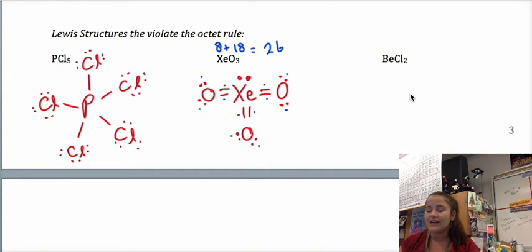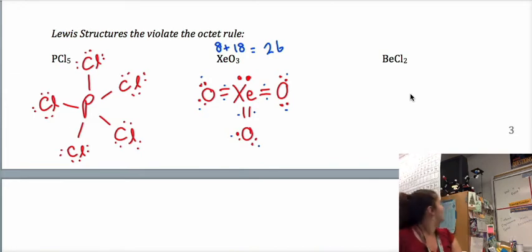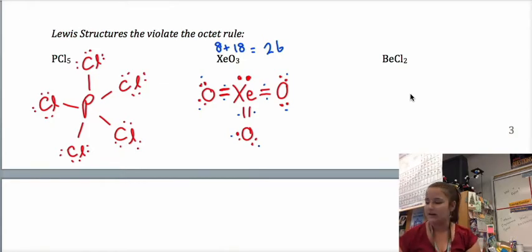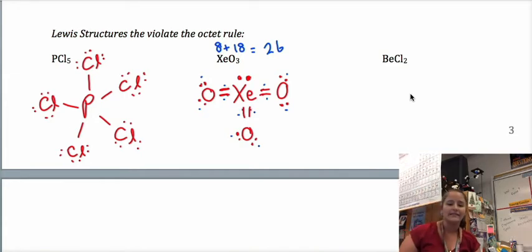Okay, and that is okay. Xenon is in period 5, so it can handle quite a few electron pairs around it. Okay, and if you count each bond as only one of the electrons belonging to xenon, it has 1, 2, 3, 4, 5, 6, 7, 8 electrons around it, and that's fine.